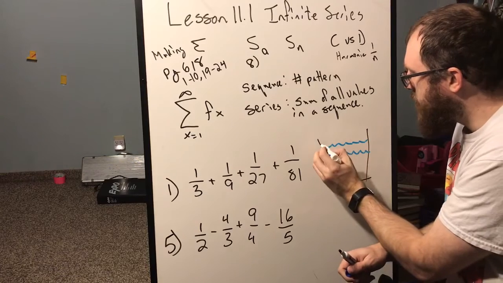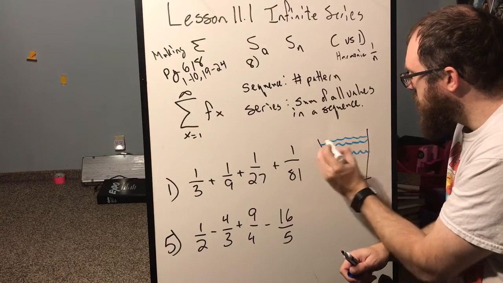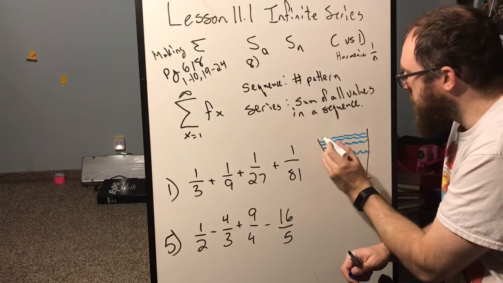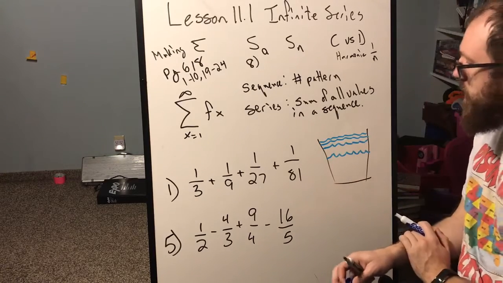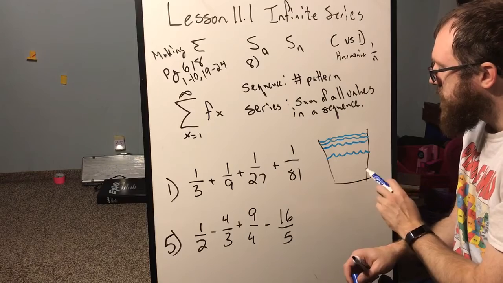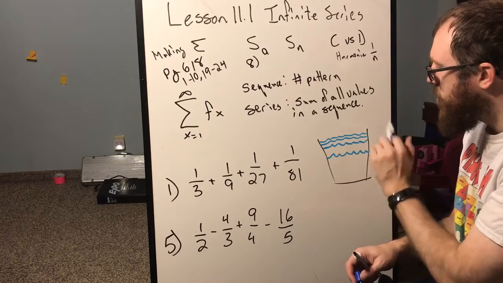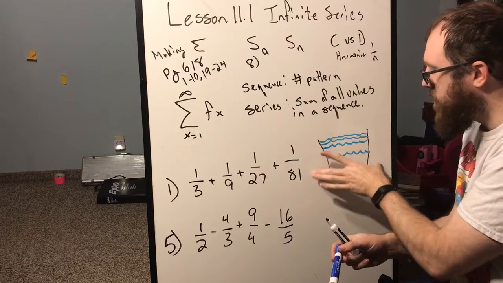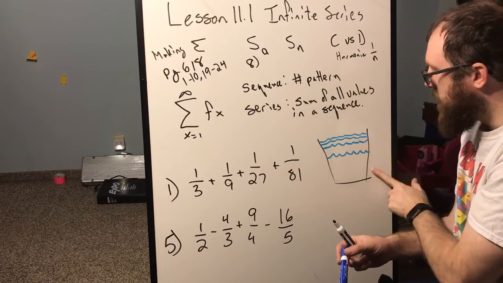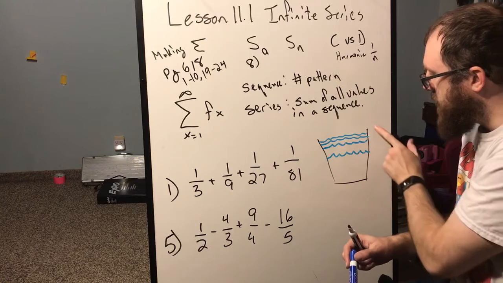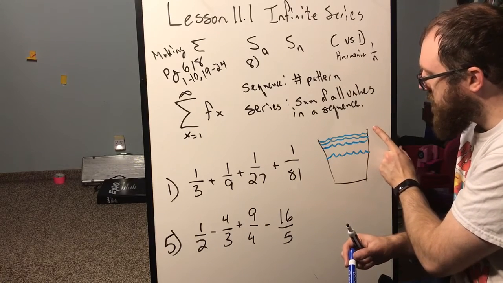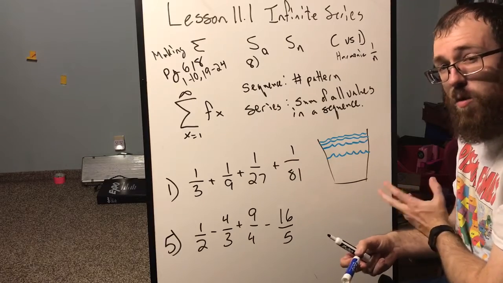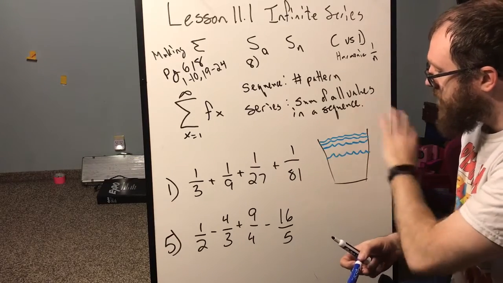And then I fill half of the remaining half with water. And then I fill half of the remaining half with water. And eventually I'm just putting little drips of water into this bucket, and the bucket gets half more full each time, but it never actually fills all the way because the amount of water that I'm adding each time is becoming significantly smaller. So eventually I'm basically adding no water at all, and the bucket will never reach its peak.